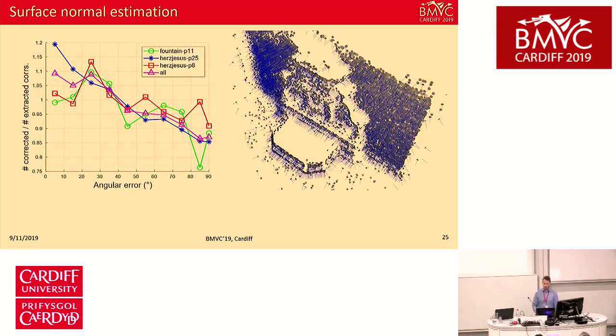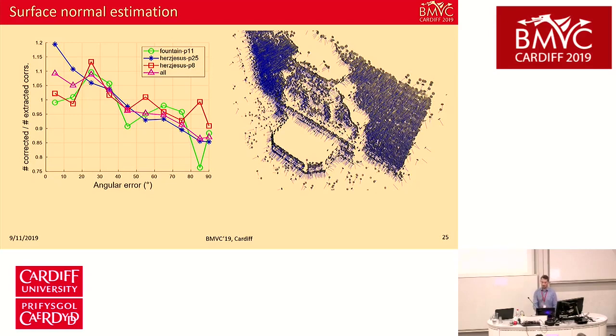Next up, we applied our method as a pre-processing step to surface normal estimation. On this figure, on the horizontal axis, you can see an angular error. That's the angular error of the estimated surface normal with respect to ground truth. On the left-hand side, you can see low errors, close to 0.